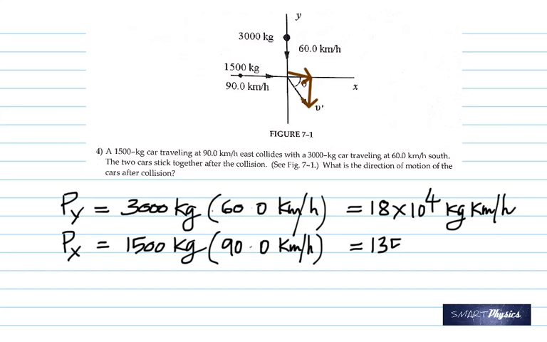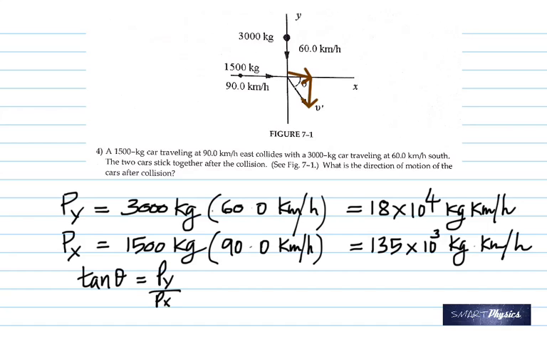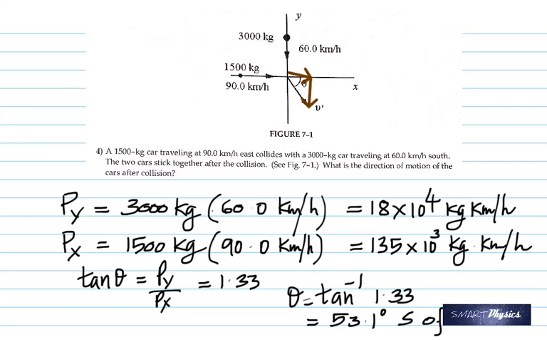That's px. So you got 135 times 10 to the 3, again the same units. And to find tan theta, you take py by px, which gives theta is tan inverse 1.33. So that's 53.1 degrees. And the angle is to the south of east.